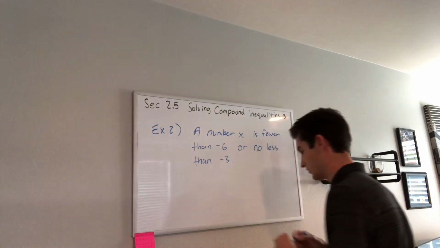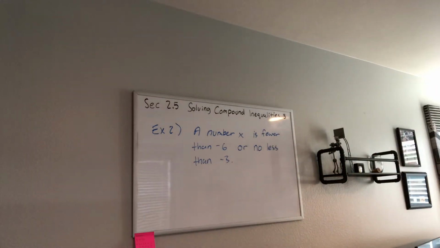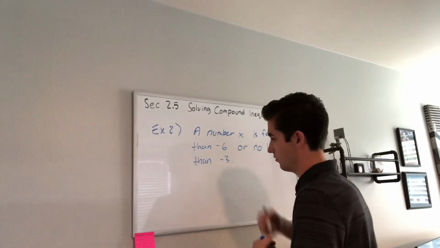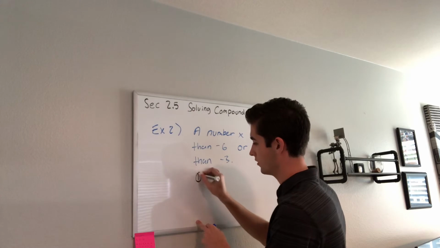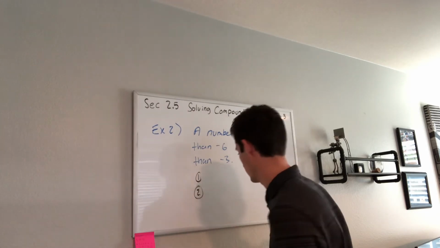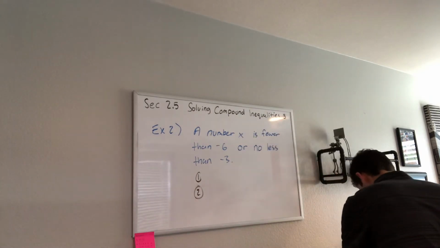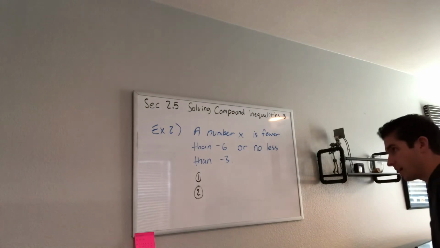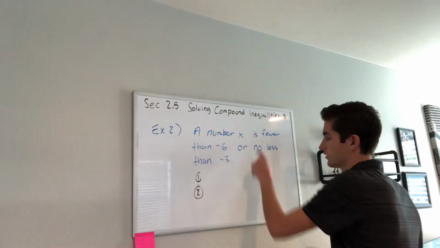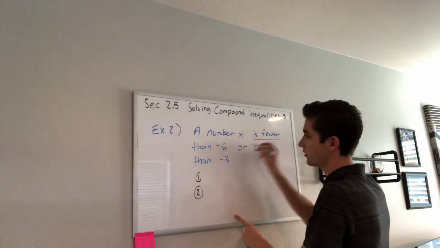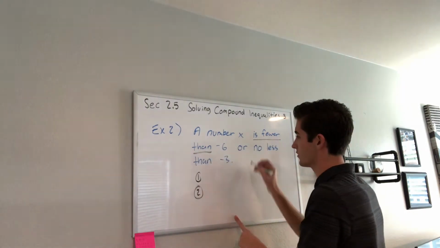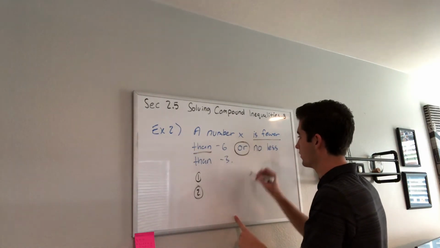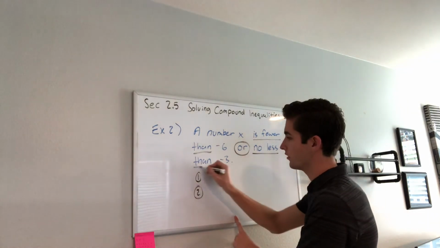Okay, so we have this. We need to write our two expressions. So we'll put expression 1, expression 2. So we have a number x is fewer than negative 6, or no less than negative 3.